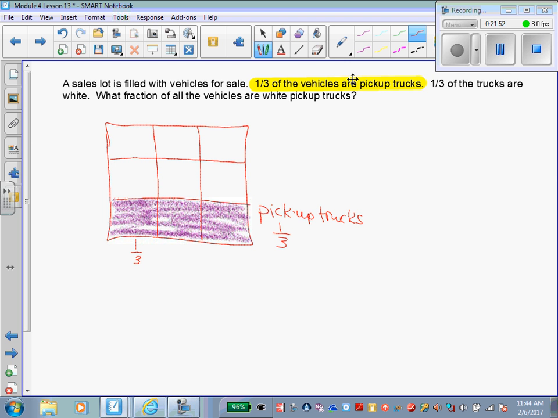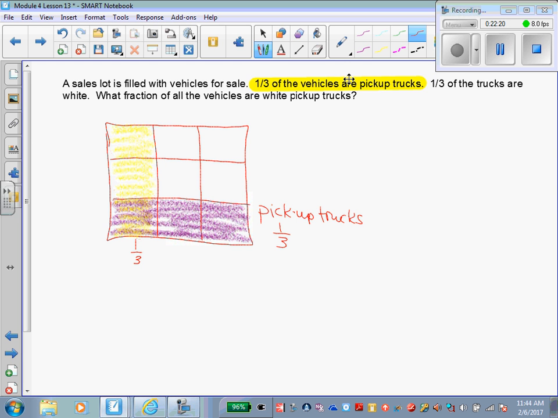So if 1/3 of the trucks are white, then I'm going to shade in this 1/3, and then what fraction of the vehicles are white pickup trucks?